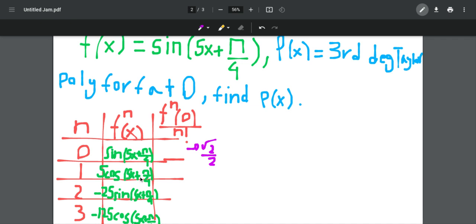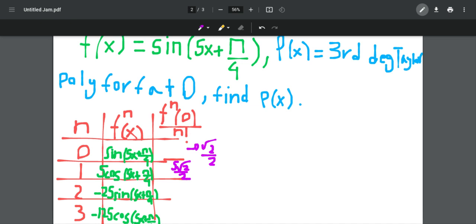For the second row, when we plug in 0, again, cosine of pi over 4 is square root of 2 over 2 times 5, and then divided by 1 factorial, we get 5 square root of 2 over 2.